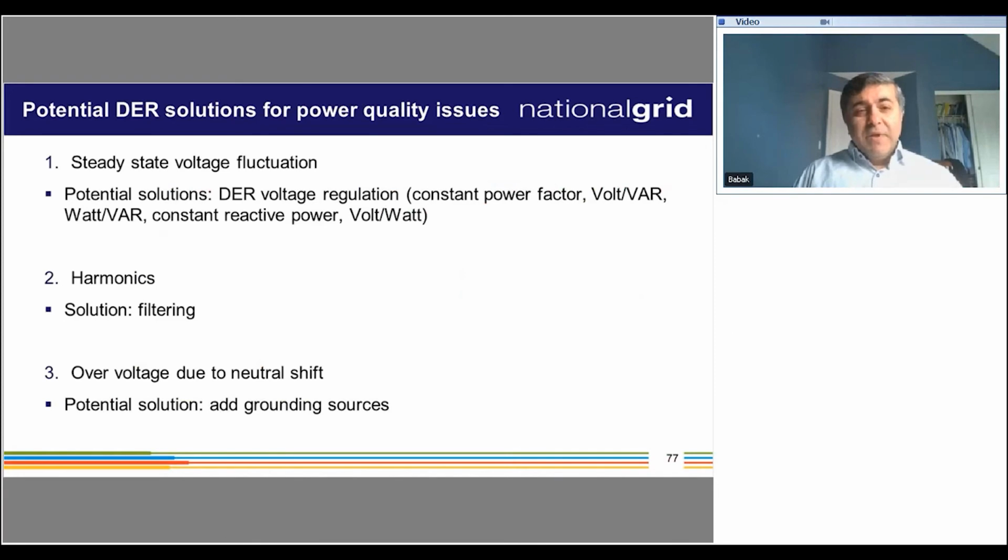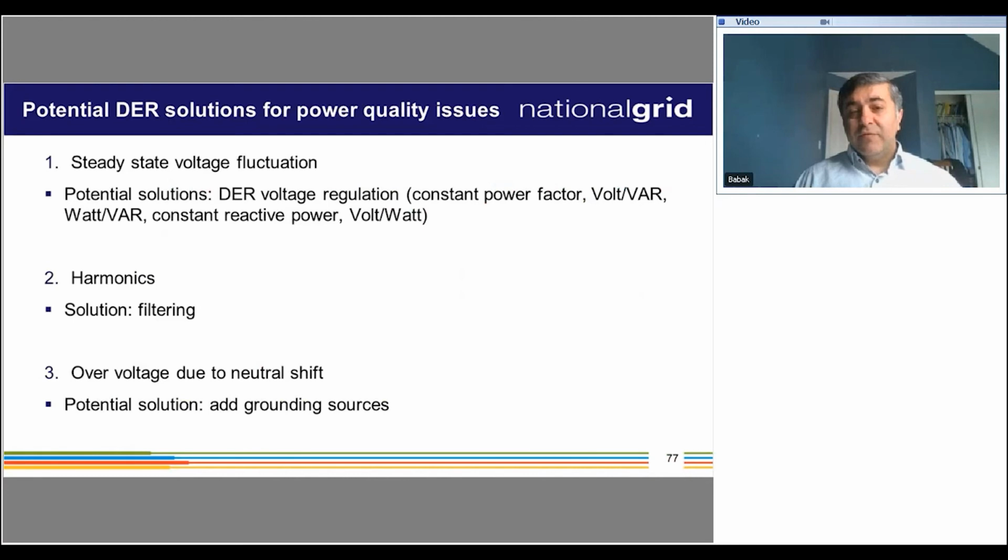specifies. In terms of solutions, here are some potential solutions that can be considered for some of the issues that I just mentioned. If you're having steady state voltage fluctuation, say cloud transients on your solar facilities causing voltage fluctuation, a potential solution can be DER regulating system voltage.